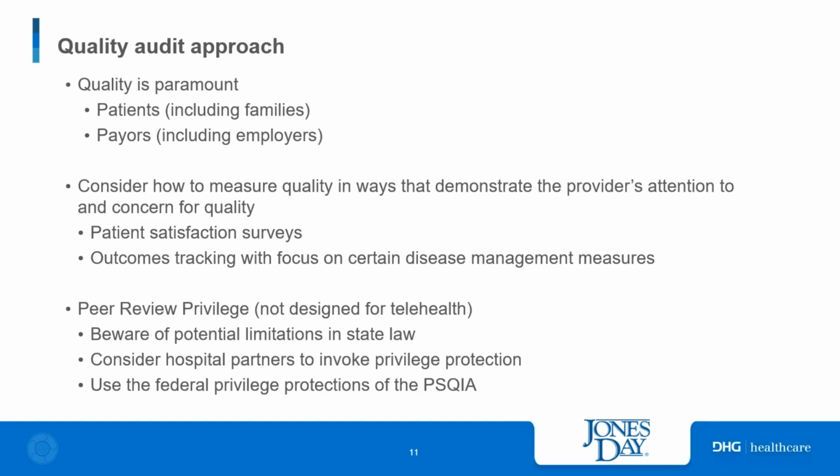However, you can quickly imagine if you're providing telehealth services in a variety of states, or even just 2 states, it quickly becomes clear that, gosh, how would we make that work with a hospital in a different state, and how could we do that with more than one hospital? So the answer is looking to the federal privilege protections, which are provided via the Patient Safety Quality Improvement Act.